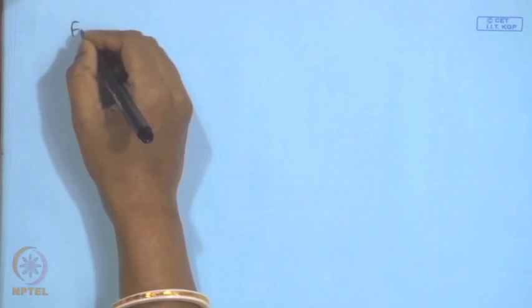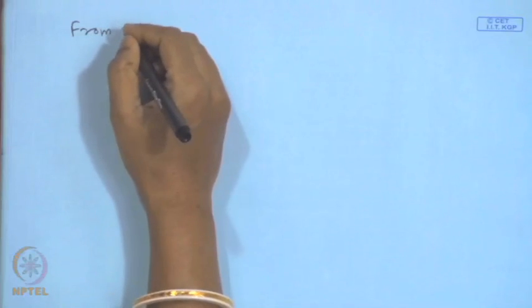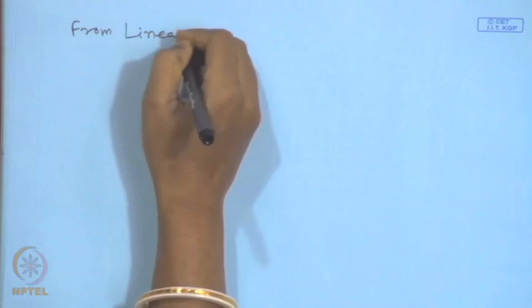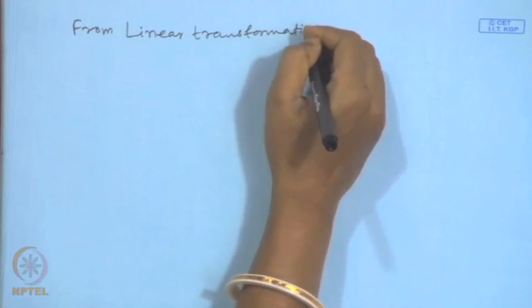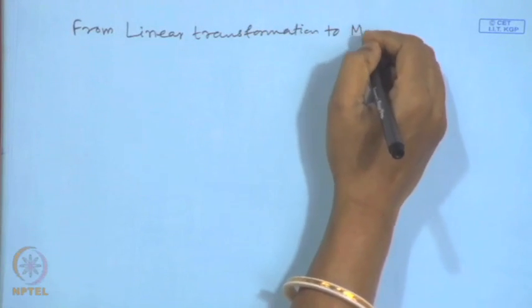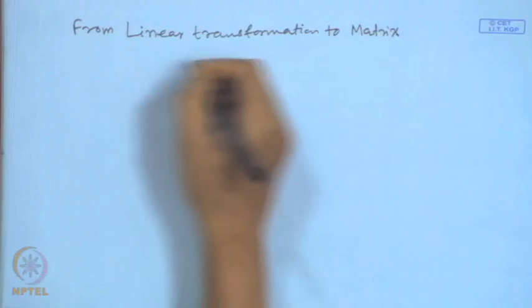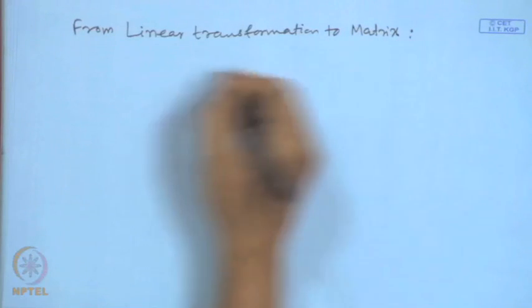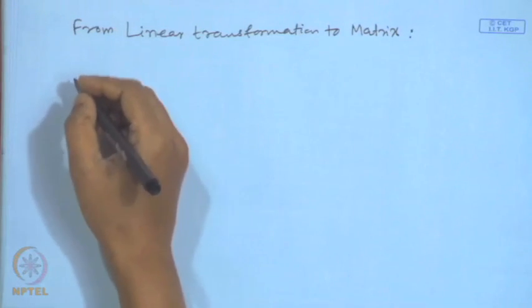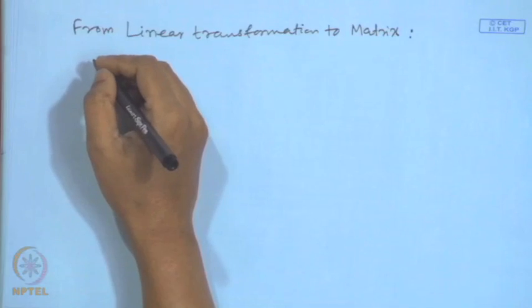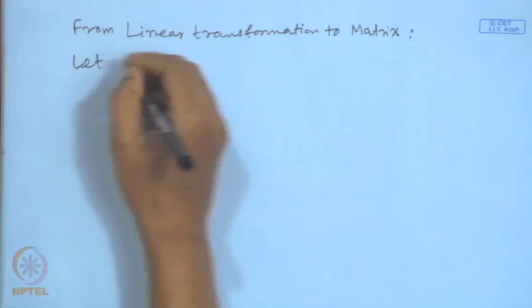Next we shall consider the converse of this, that is from linear transformation to a matrix, or in other words we see the matrix representation of a linear transformation.